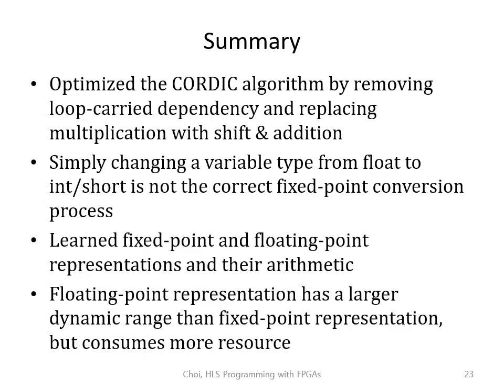So as a starter, we learned the fixed point and the floating point representations and their arithmetic, and also that the floating point representation has a larger dynamic range than the fixed point representation, but consumes more resource. And we're going to pick up where we left off today and learn the entire fixed point optimization process in the next class. So see you then.